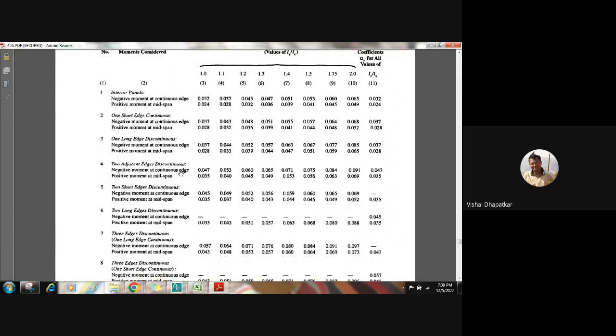This is the long edge, one long edge is discontinuous. So we are falling in this third category, one long edge discontinuous, and the short span coefficient is based on the value of Ly by Lx.